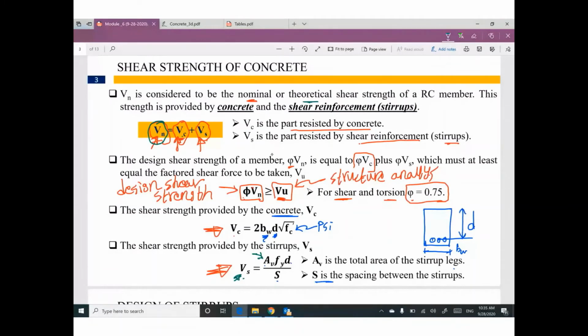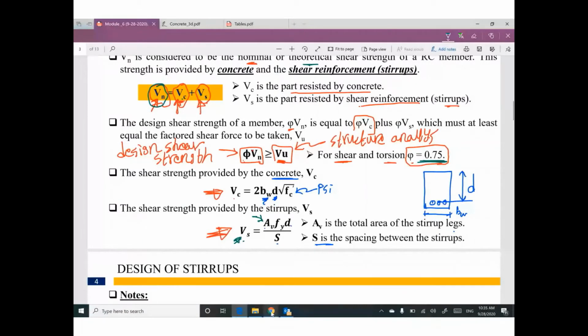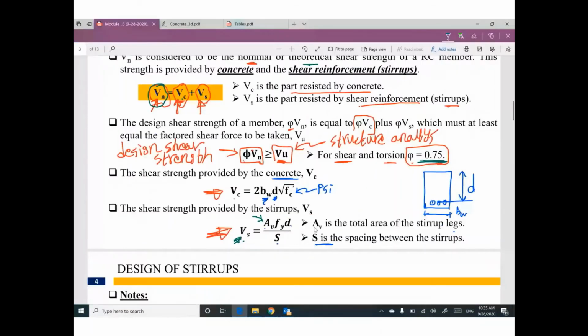So we need to multiply this Vn by phi, which equals 0.75. So what do you think? I think it's very easy. Very easy. But these two equations are very important.